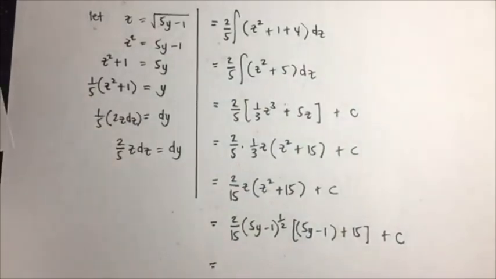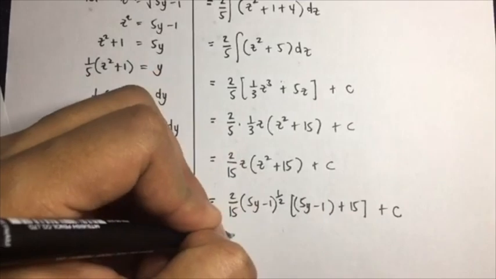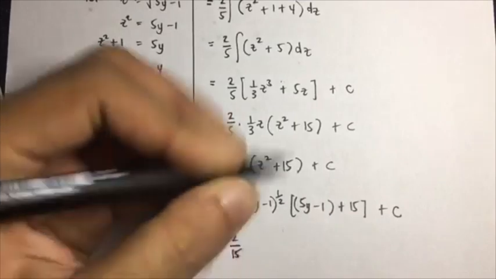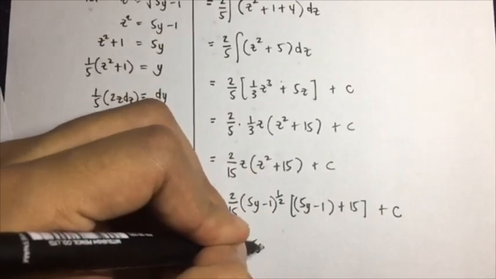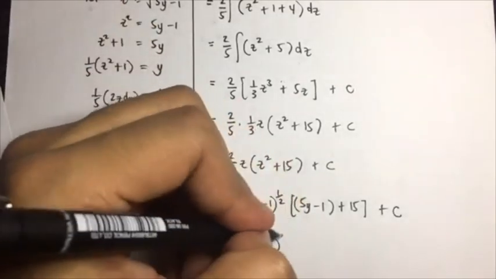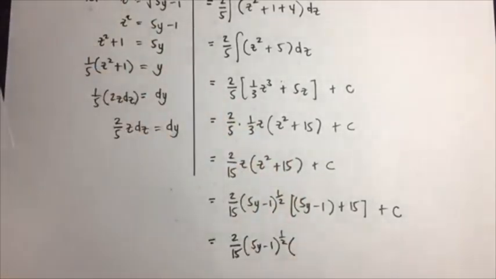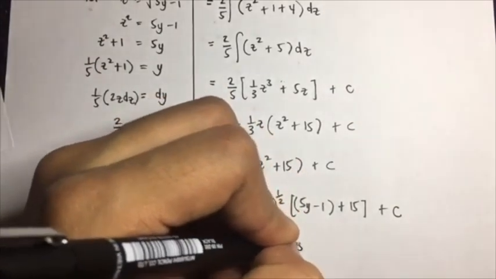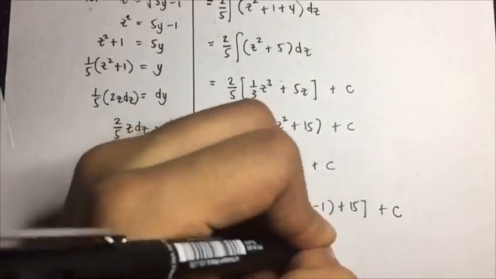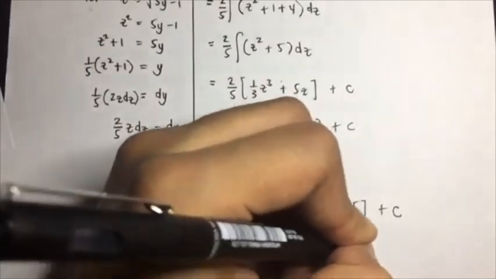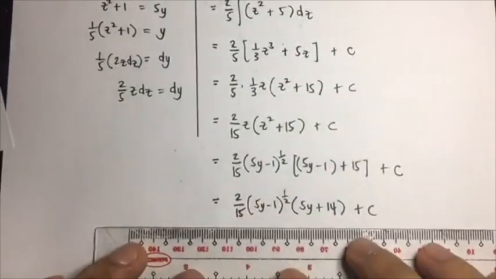So this now becomes 2/15 times 5y minus 1 raised to 1/2 times 5y plus 14, plus c.